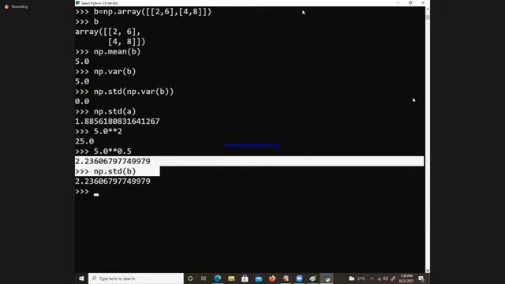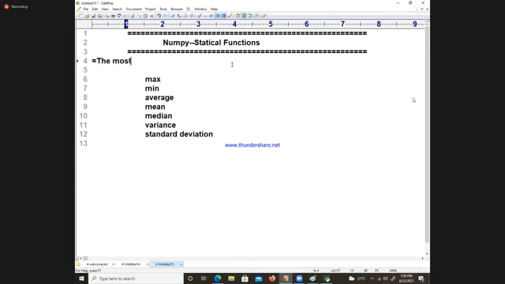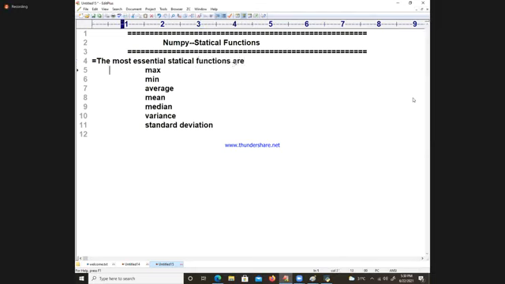Fine. So I hope you people enjoyed the statistical functions. So I'm writing the most essential statistical functions. Number one, A max.